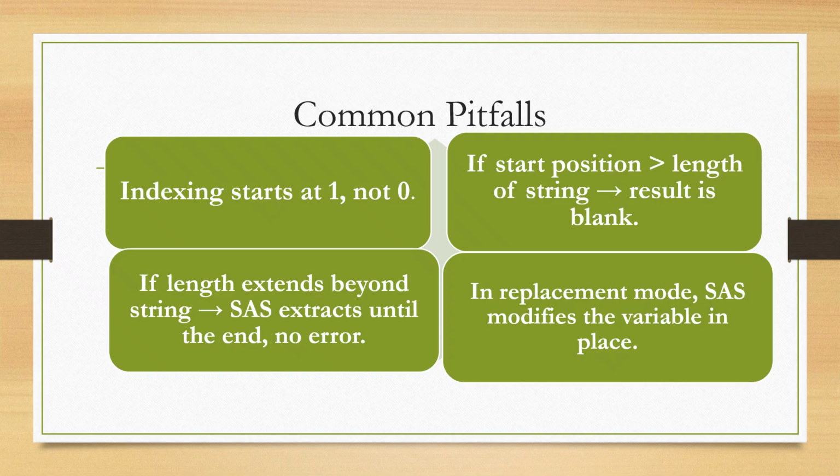The second is that if the starting position is greater than the length of the string, the result is blank. If the length extends beyond the string, SAS extracts until the end and no error is given in the program. In replacement mode, that is the mode where we are using the SUBSTR function on the left side of the equality sign, SAS modifies the variable in place.